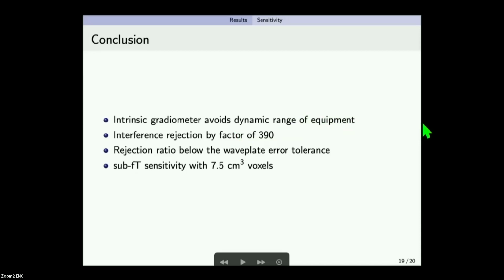This would be limited by our wave plate error. But luckily for me, the temperature error is not a huge factor, so it's just the alignment that would be limiting me. And with these tiny 7.5 centimeter cube voxels, we're able to achieve sub-femtotesla sensitivity.